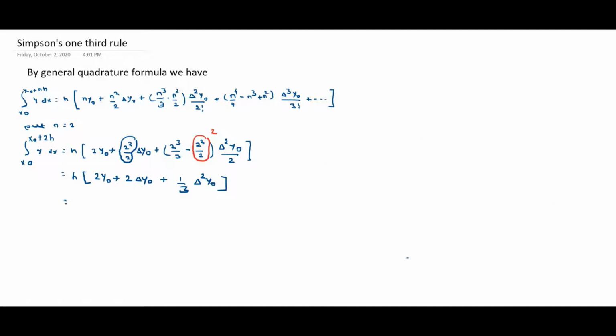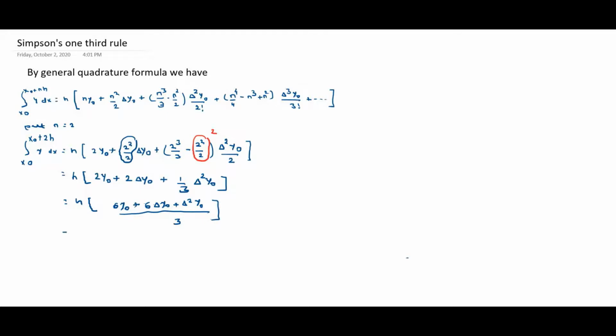This is equal to h divided by, now if you take LCM 3 and cross multiply, 3 into 2 is 6, so 6y0 plus, next 3 into 2 is 6 delta y0 plus, and in the last term with LCM 3 we are left with only delta square y0.